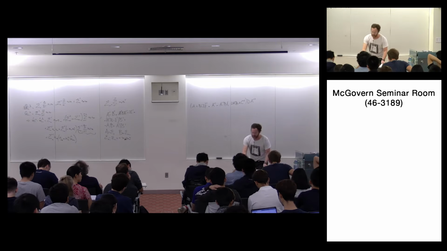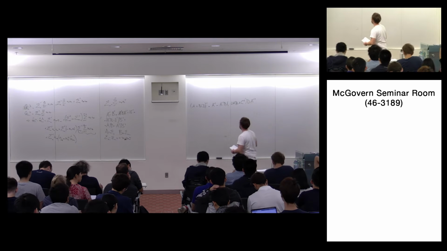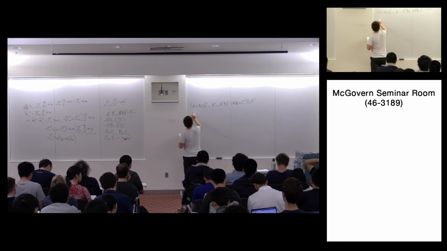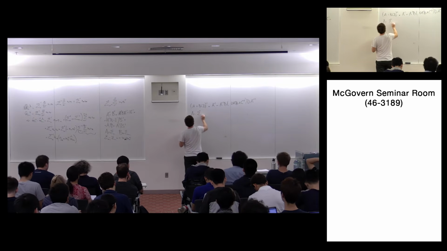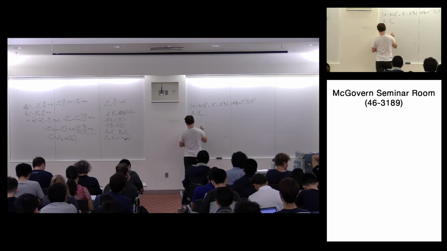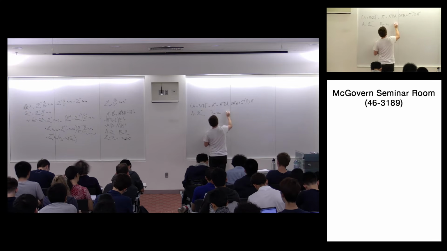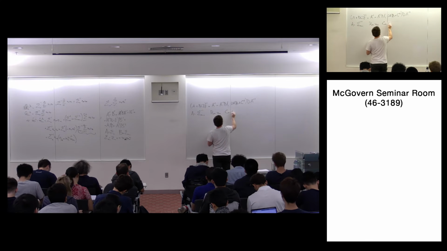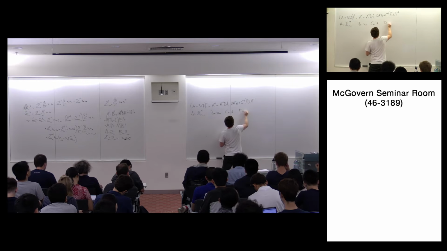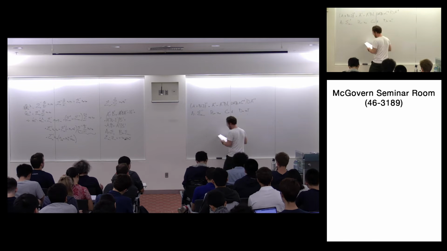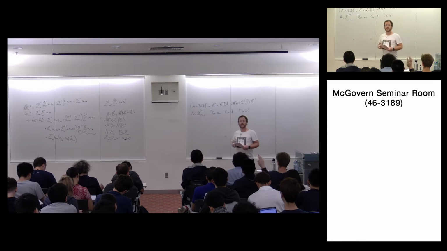Okay? And then for us, we just want to apply this with A equal sigma n minus 1, B equal xn, C equal 1, and D equal xn transpose. Okay?